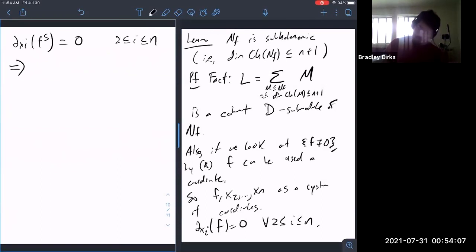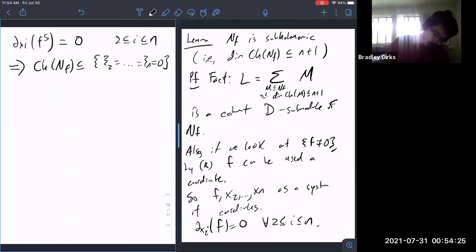And so that means if we looked at this in X cross A^n, those last n minus 1 coordinates are all 0 on this characteristic variety. So Ch(N_f) is contained in ξ_2 = ... = ξ_n = 0. And so that means its dimension is less than or equal to n plus 1 over this subset where f is non-zero.